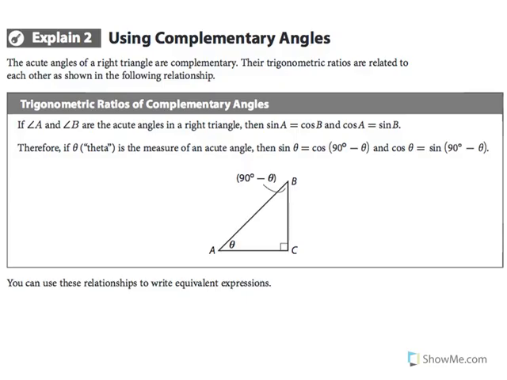Okay, now let's use complementary angles. The acute angles of a right triangle are complementary. Their trigonometric ratios are related to each other as shown in the following relationship.